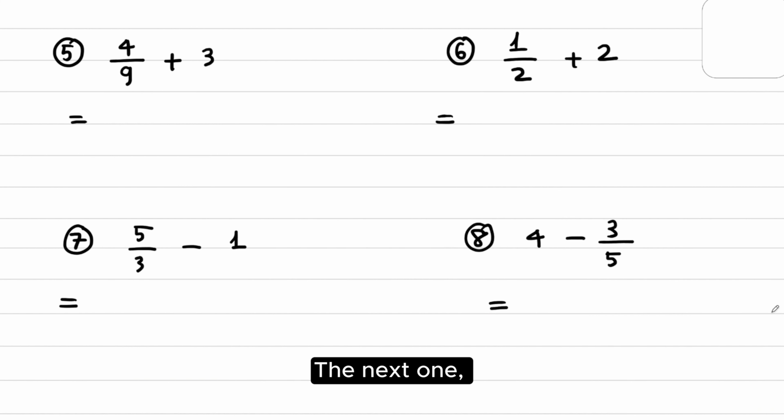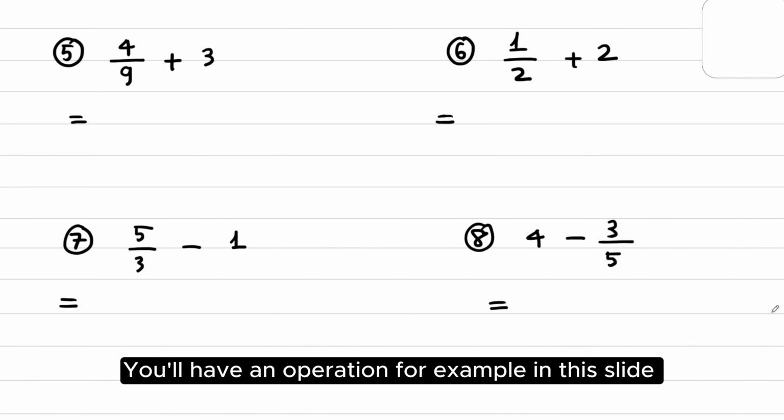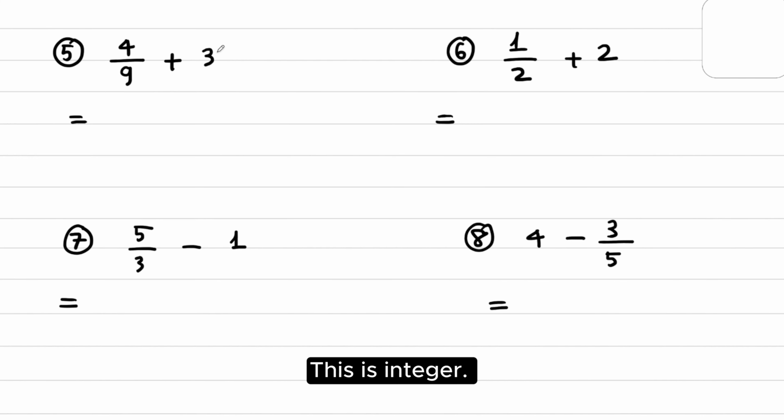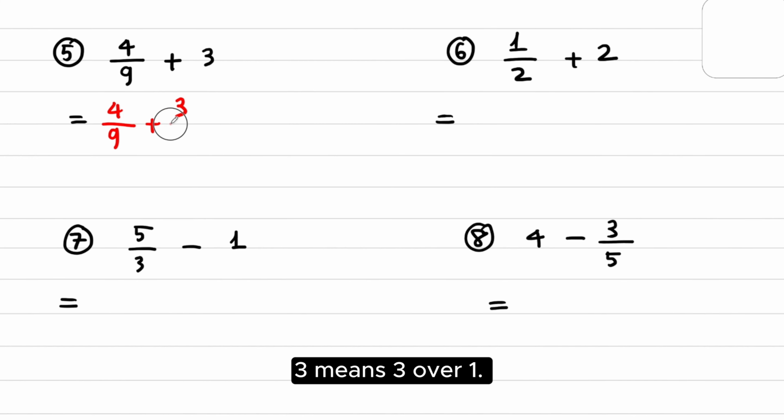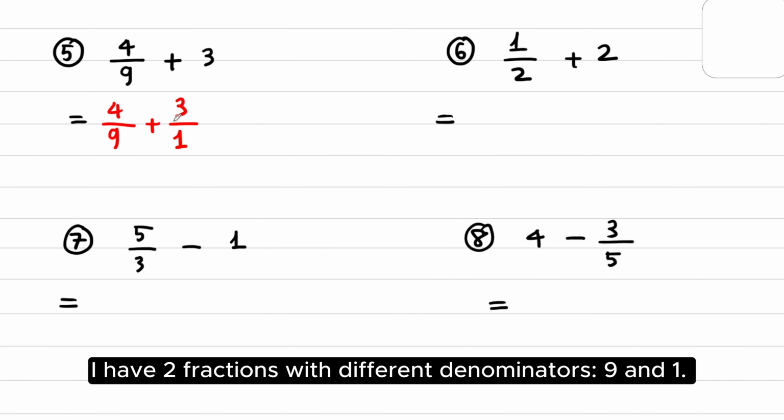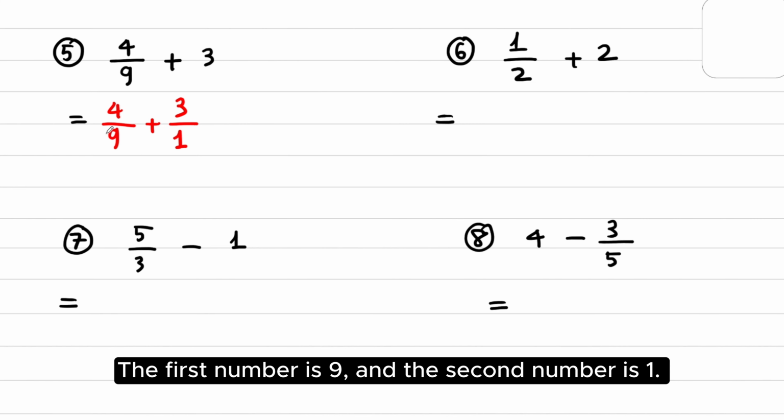The next one, you will have this operation. For example, in this slide, how can you work it? This is an integer, it's not a fraction. So the first step, I have to change the integer to a fraction. 3 means 3/1. So after that, I have two fractions with different denominators, 9 and 1. The first number is 9 and the second number is 1.